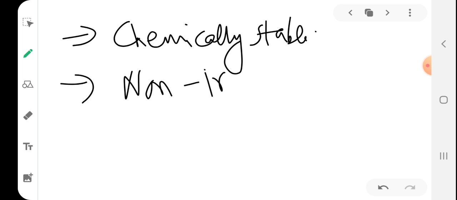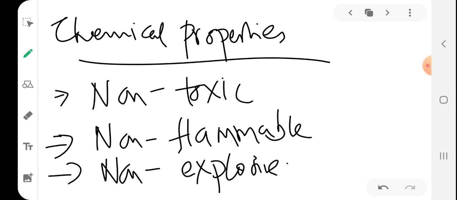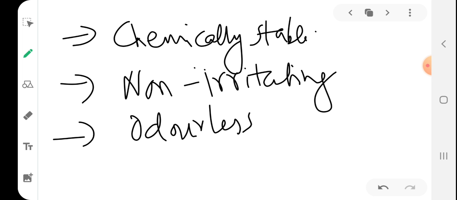Non-irritating, it should be non-irritating. It should not cause any harm to humans, and it should be odorless. It should not have any odor. Okay, these are the desirable chemical properties.